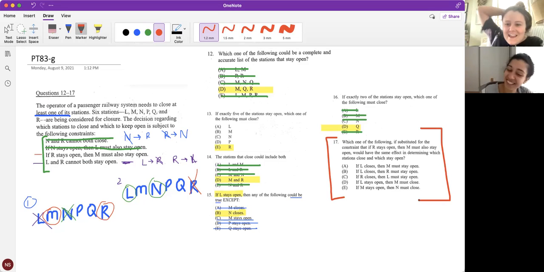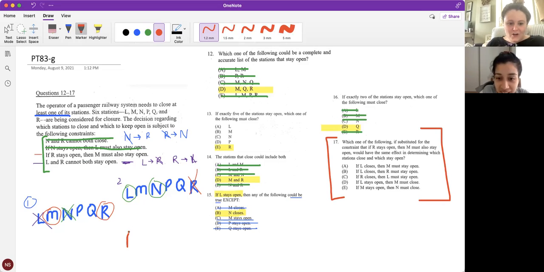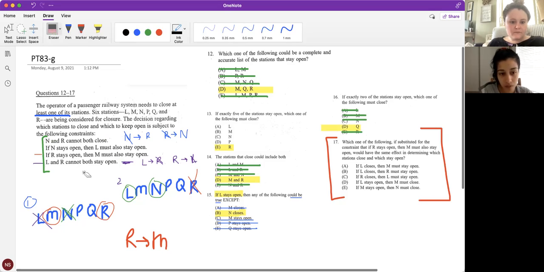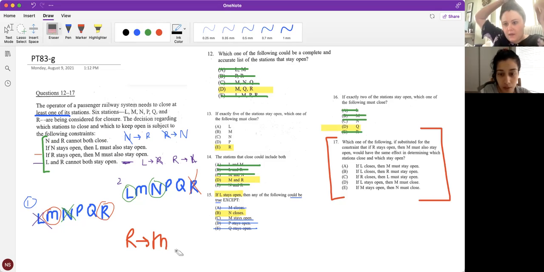All right. So we're saying if substituted for the constraint that if R is open, then M must also be open, has the same effect. So we're looking for something that would do the same thing here. So what I like to look for in these is, for starters, is there any other rule that has R or M in it? Yeah. And what rules are those?